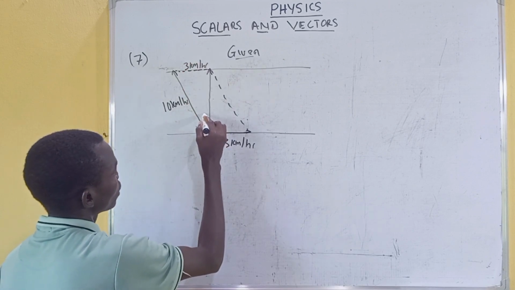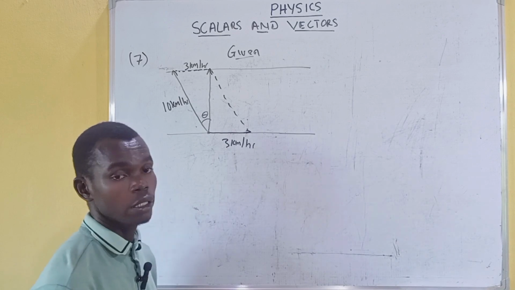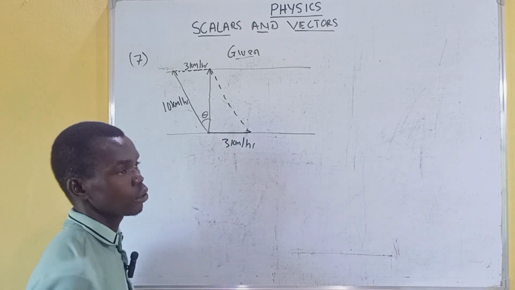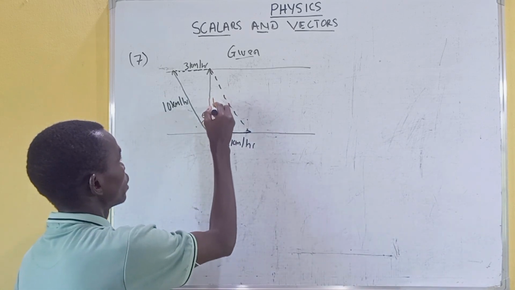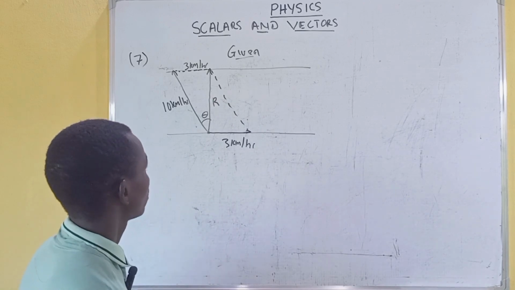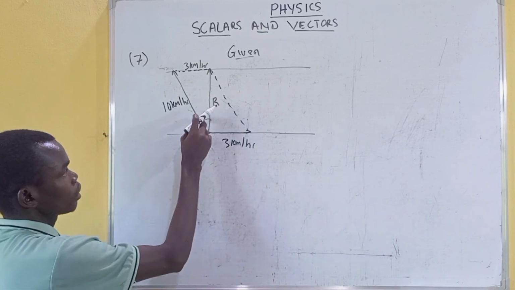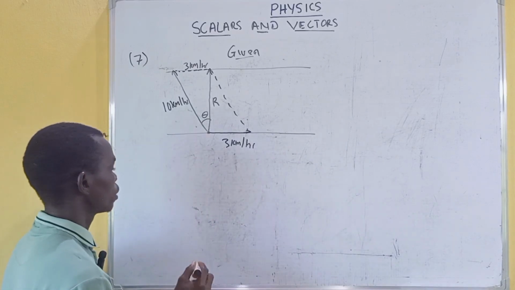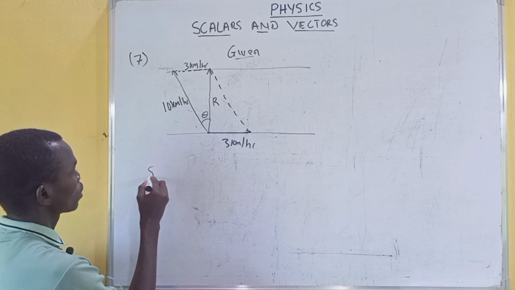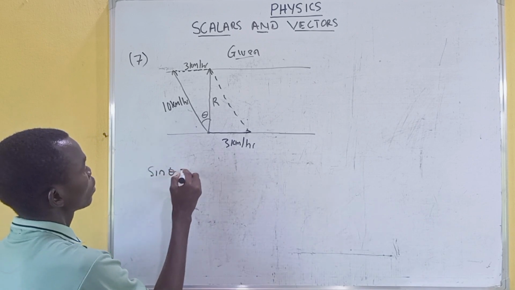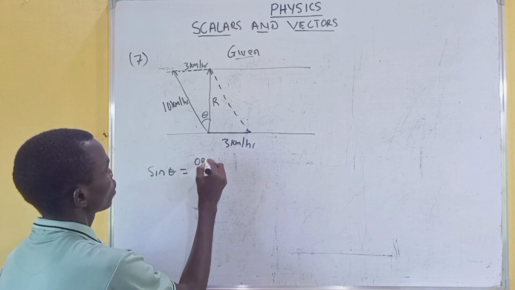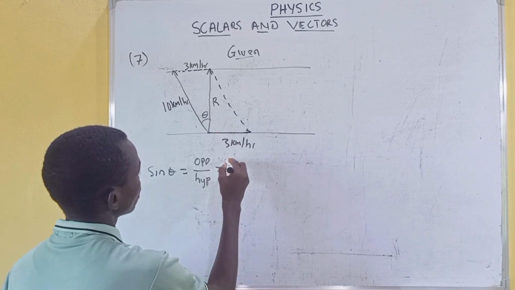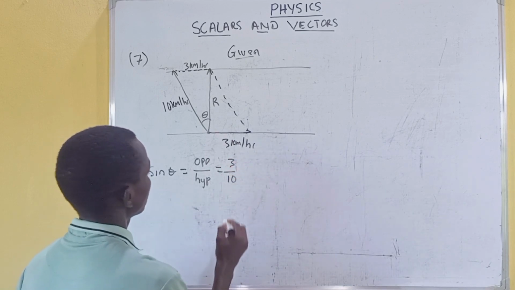And we are asked to find the direction that the man must head to get to this point that is directly opposite to the starting point. So here will now be our horizontal vector. From here, we can find the direction in which he must head his boat in order to get to his destination. So this will now be sine theta equal to opposite over hypotenuse, which is equal to 3 over 10.